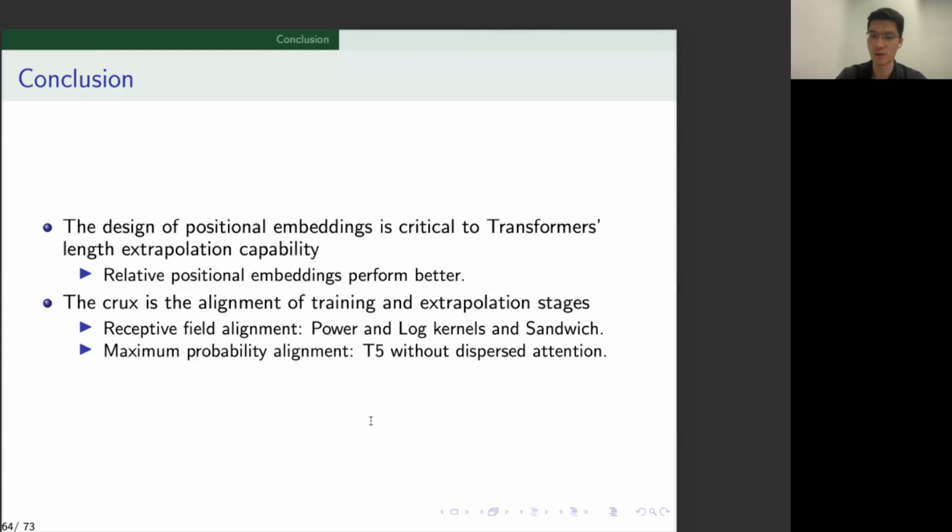For example, receptive field alignment, which is why we have the power and log kernels and Sandwich. And we also see the maximum probability alignment or the entropy alignment, which is when we look at T5 and try to fix this dispersed attention issue with these alignment strategies.